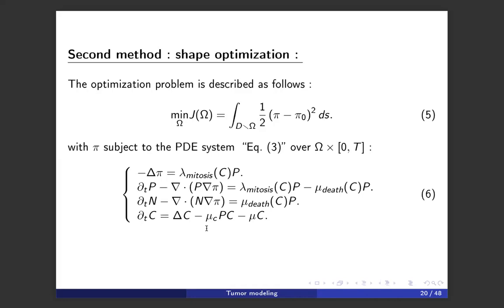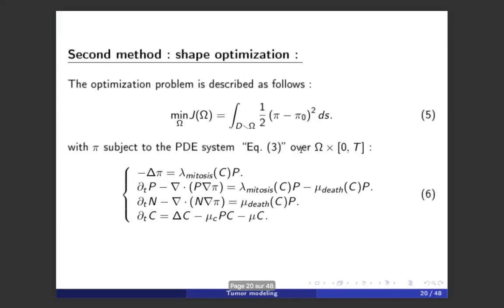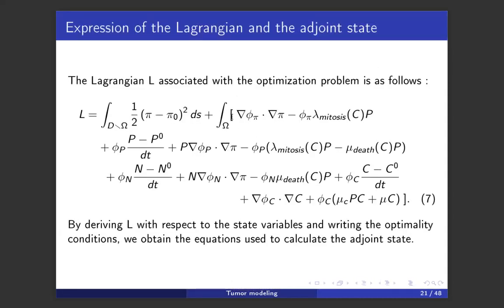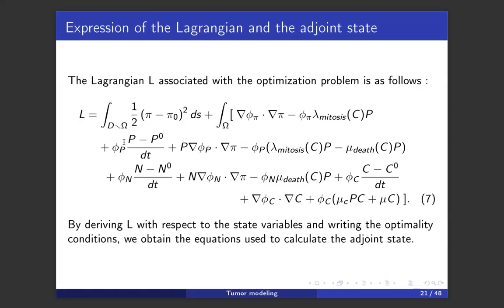And we have some computation to do using the Lagrangian L, which is defined by the functional G, and by adding all these equations multiplied by the Lagrange multiplier, and the variational formulation of the PDE system. And then we obtain the Lagrangian.